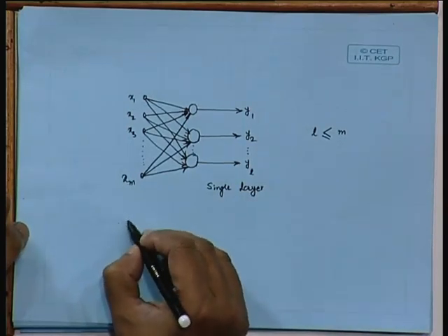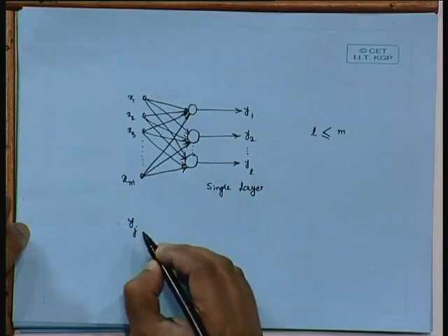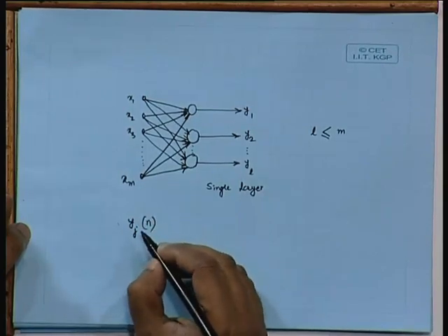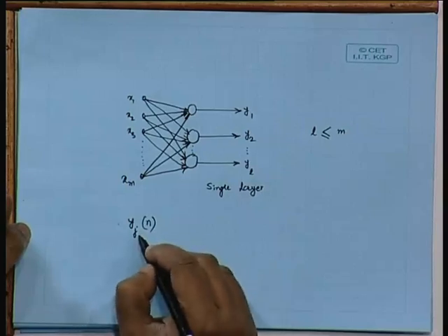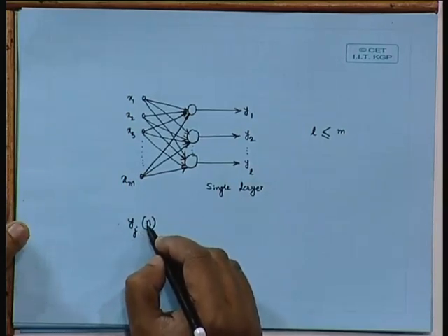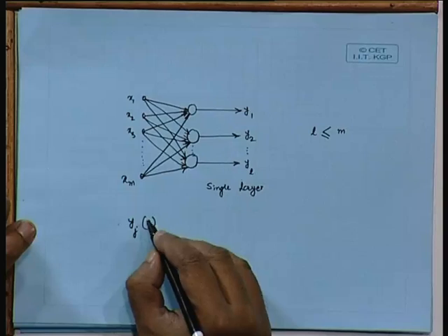The output of those neurons could be written like this: if we are considering the jth neuron output at the iteration number n, we represent that as yj(n), indicating that the suffix j is the jth neuron, and this n, the number written in the parenthesis, is the iteration of learning.